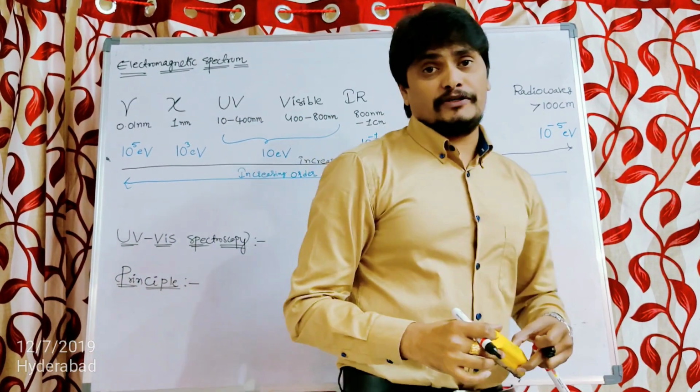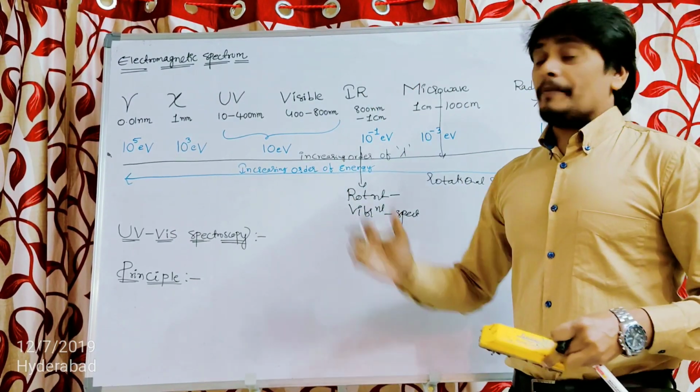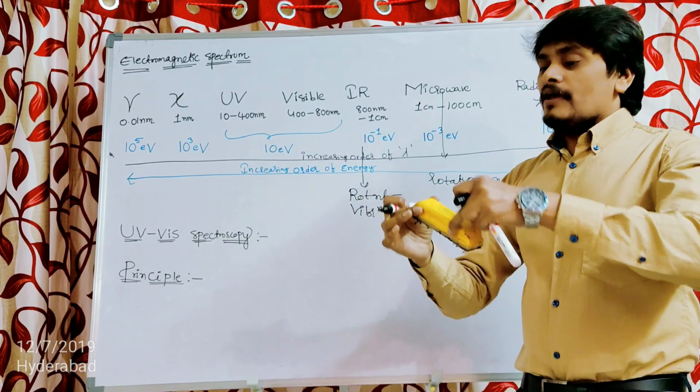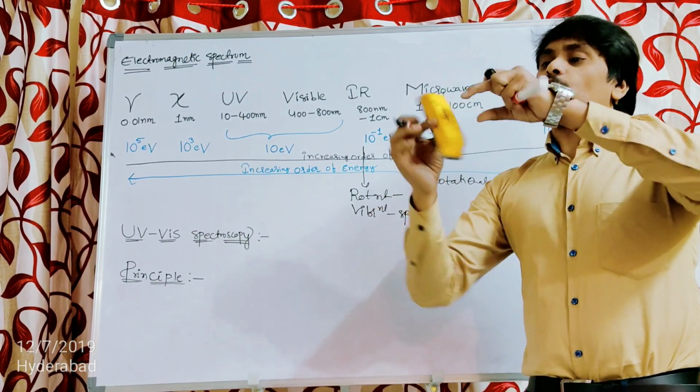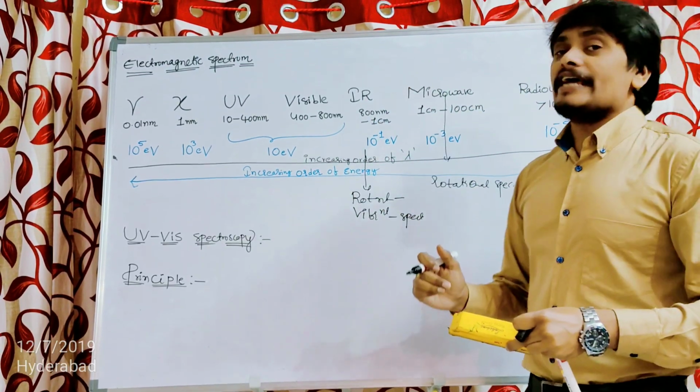Rotational vibrational spectroscopy, right? Or IR spectroscopy, because IR radiations are the ones which are facilitating the rotation followed by vibration. So that's the reason it is also called IR spectroscopy.